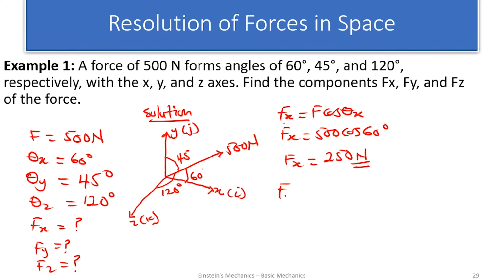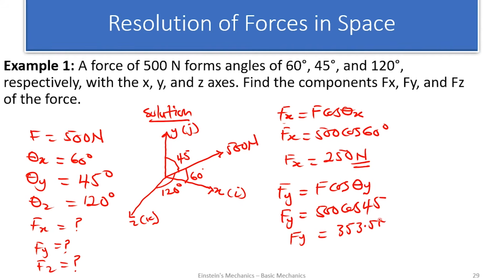The same thing if I want to resolve it on the y. F resolved on the y is always the magnitude of the force cosine the theta it makes with that axis y, which is 500 cosine 45, and I'm having my f of y to be 353.5 Newton.